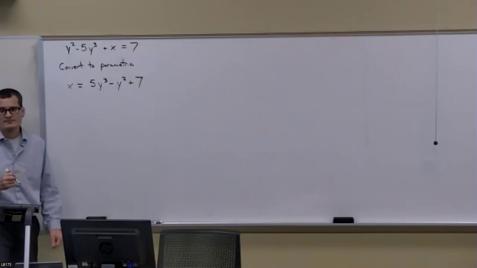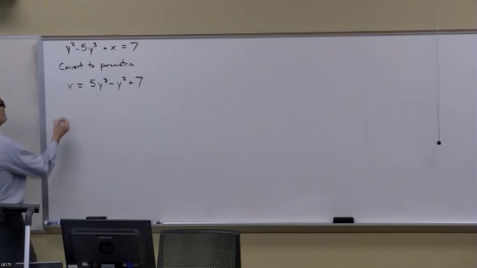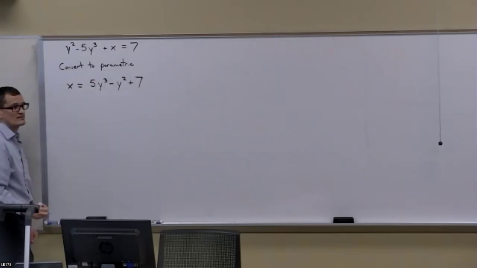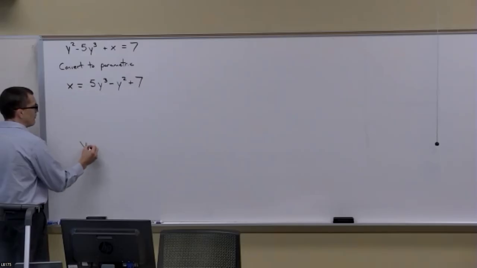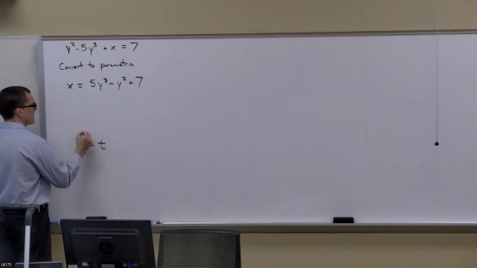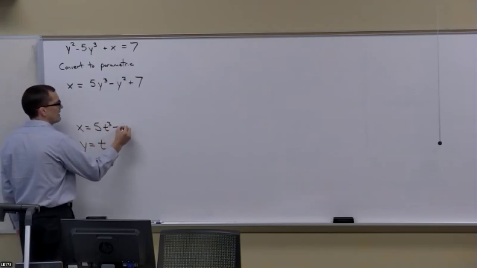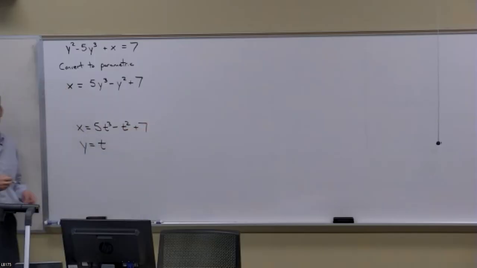Okay. Now I see that we have an equation where x is equal to this. And all I have to do is set y equal to t. And then x is going to be 5t to the third minus t squared plus 7. And that's it.